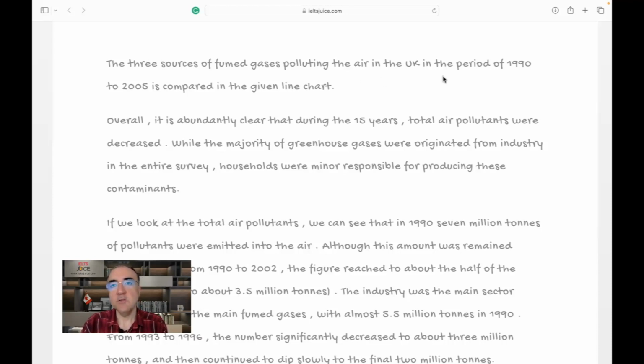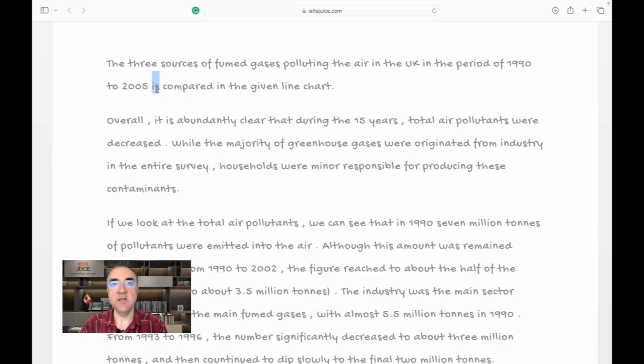Polluting the air in the UK in the period of 1990 to 2005 is compared. The three sources are compared. And yes, present simple, because they are compared now. That's what we are doing. But then the data always goes back to past tense.